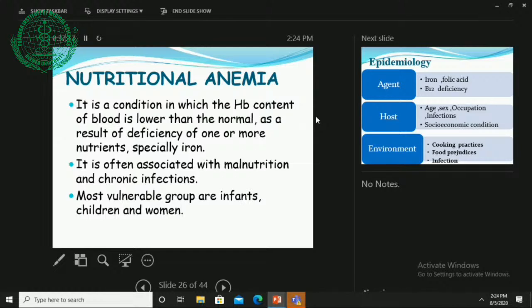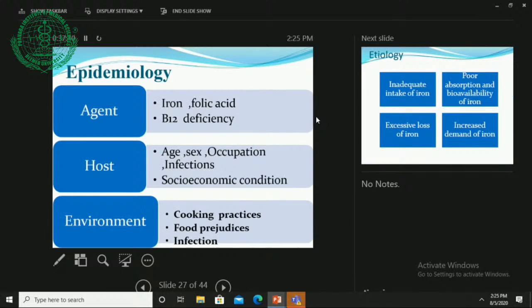It is often associated with malnutrition and with chronic infections. Along with that, you may have other deficiencies like protein energy malnutrition, calorie deficiency, protein deficiency, or chronic infections like malaria, hookworm infestation. Most vulnerable group is infants, children, and women in our country.